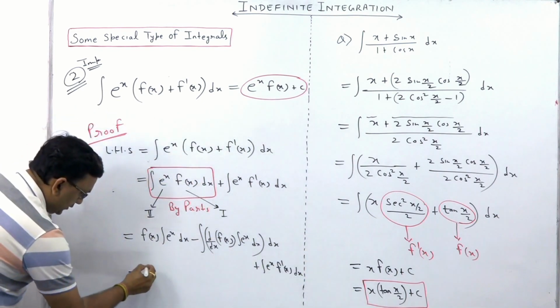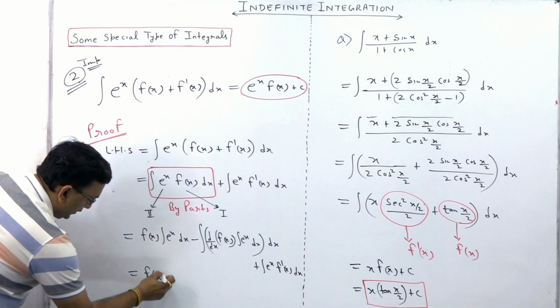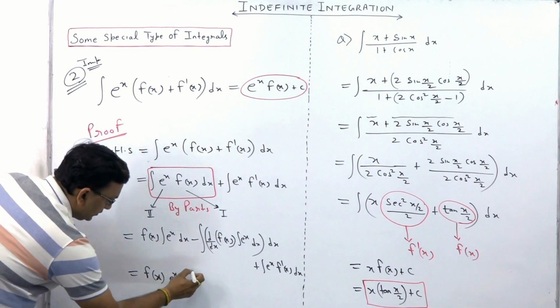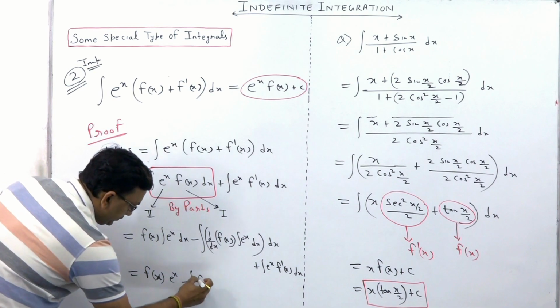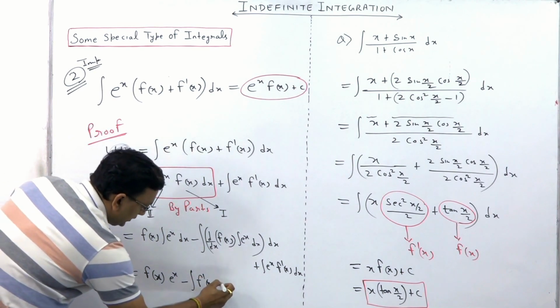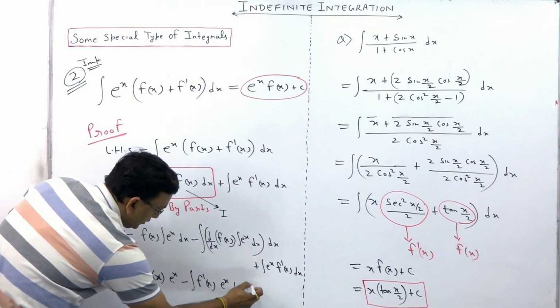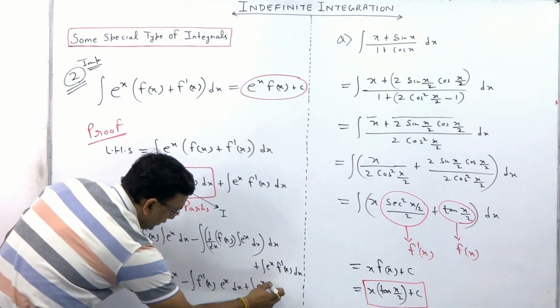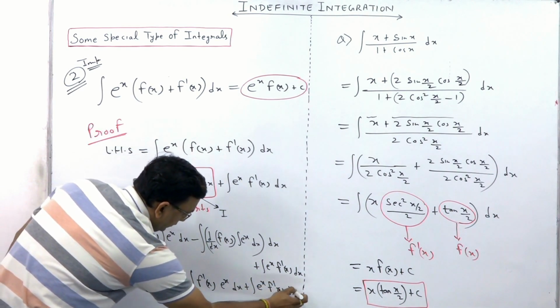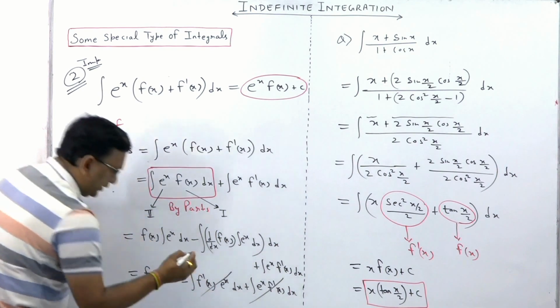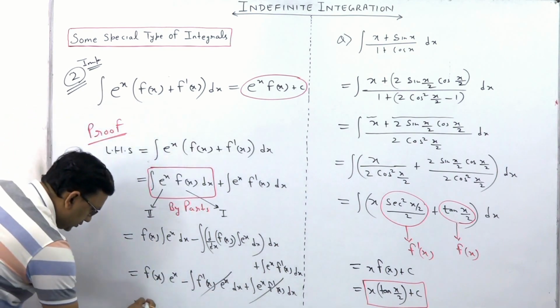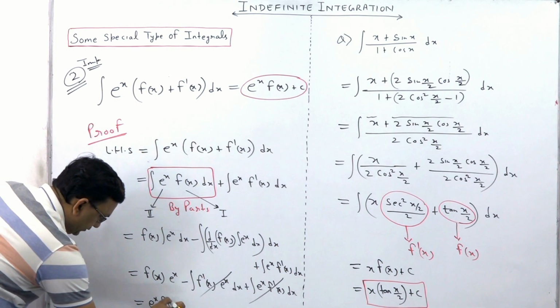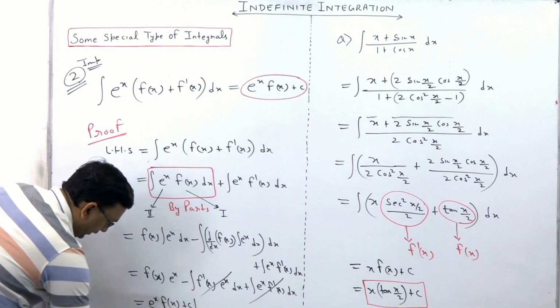Now it is f of x e to the power x minus integration of f dash x e to the power x plus integration of e to the power x into f dash. Clearly we can cancel these two. So e to the power x into f of x.